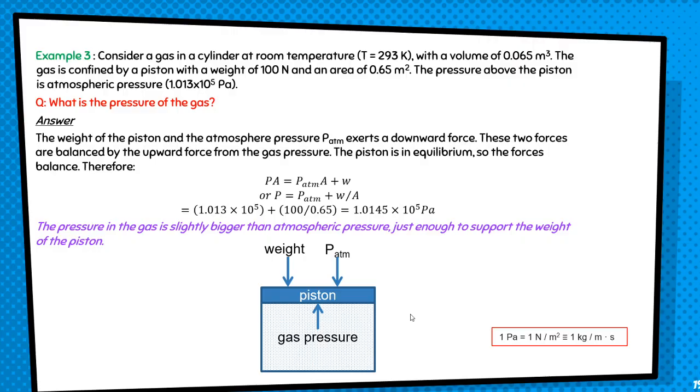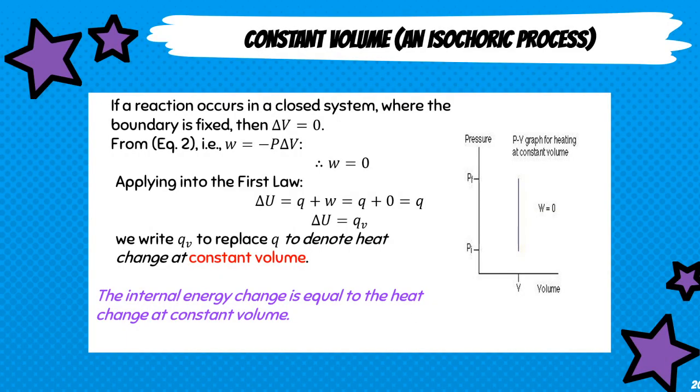Right. So then the second process that we're going to discuss is the isochoric process, which is a constant volume. If a reaction occurs in a closed system, we have talked about this before, after we talked about free expansion. So delta V will be 0, and from the equation of work, W equals minus P delta V, that gives W equals 0.